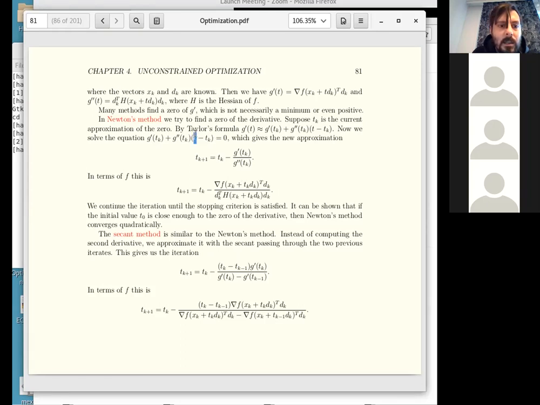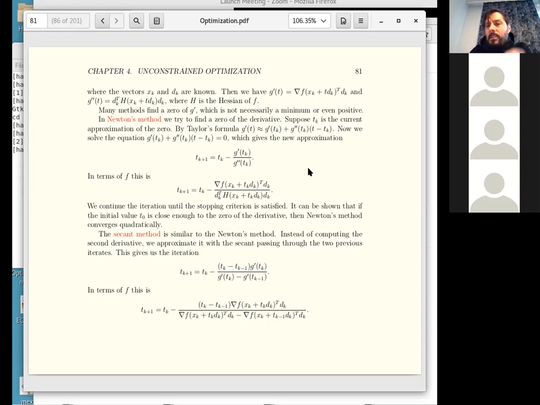So this T, solve this for T, and we get TK minus G prime over G double prime. I was going to do this with Z, but I realized that this is just as easy to pick from here. So we're basically solving this for T. And that's our new point. I mean, it's not going to be exactly equal to zero because this is only an approximation, but it's pretty close.